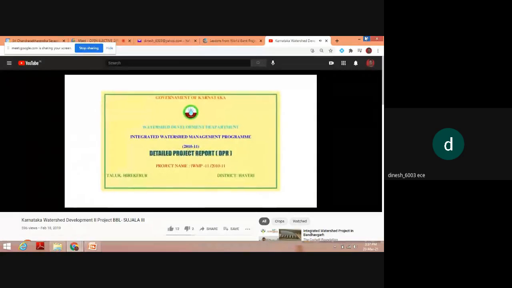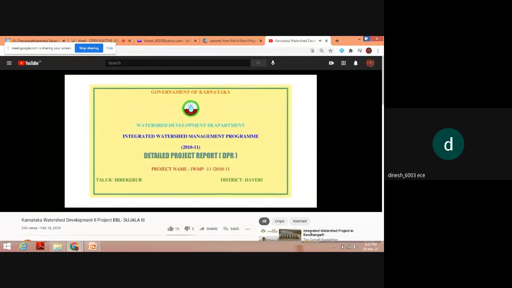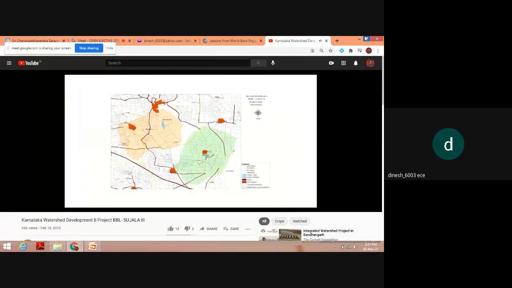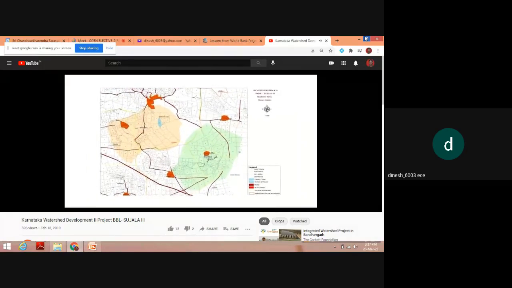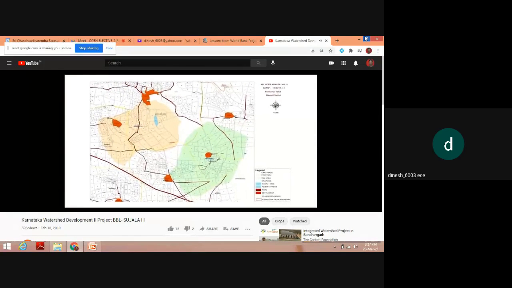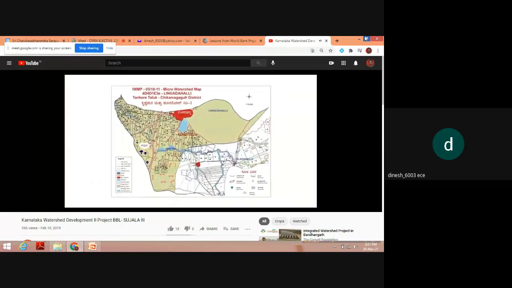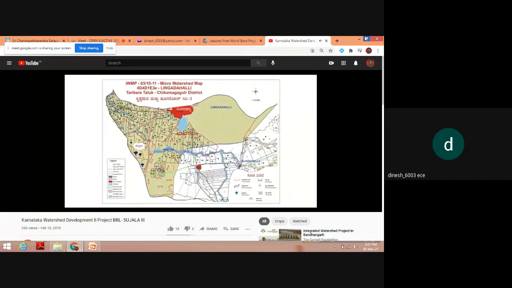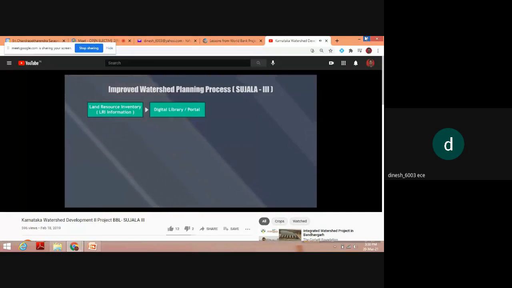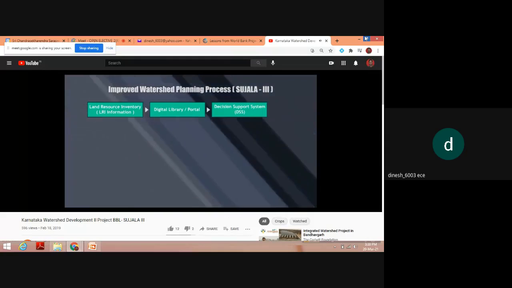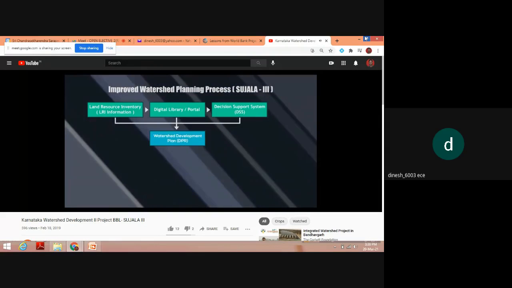The quality of the detailed project report is critical for the success of any watershed program. Earlier interventions were more of a general nature due to the non-availability of site-specific information. In this context, the preparation of DPR with the use of site-specific information and advisories from Sujana 3 project is a game changer.